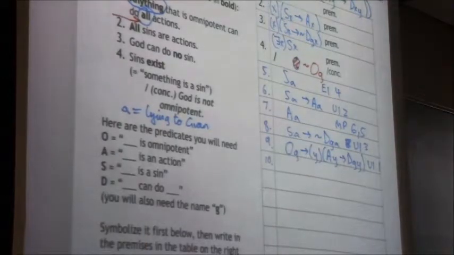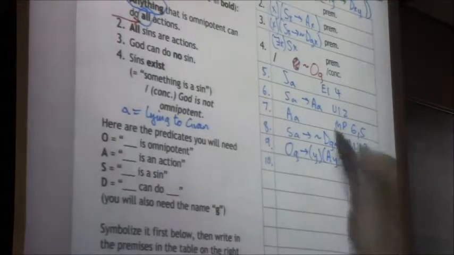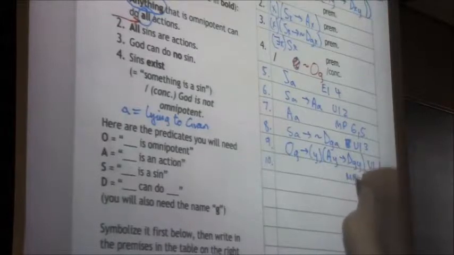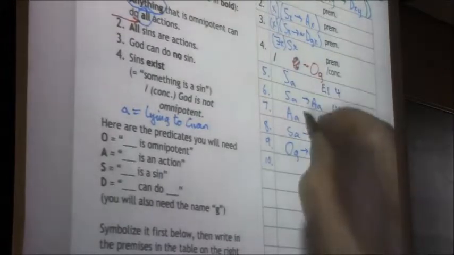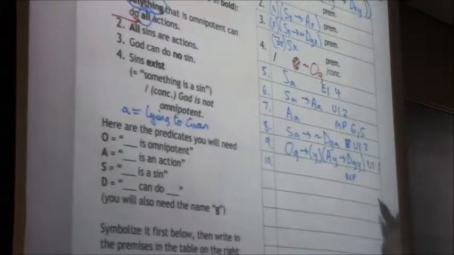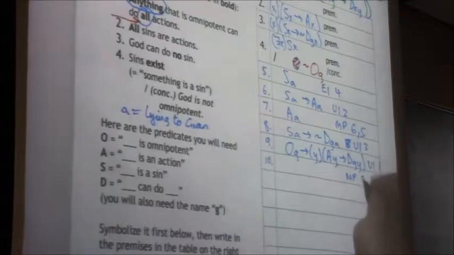All right. Now, there is one more easy thing, or relatively easy thing we can do. Samantha? Modus ponens, 7 and 5. 7 and 5. Oops, on my paper it's 8 and 5. Yes, 8 and 5.